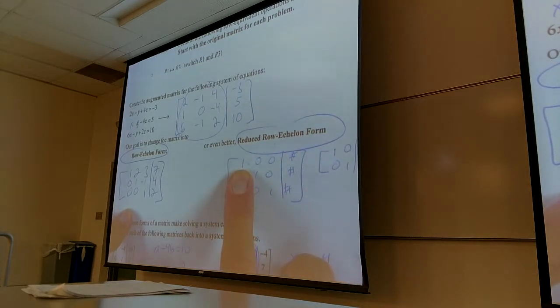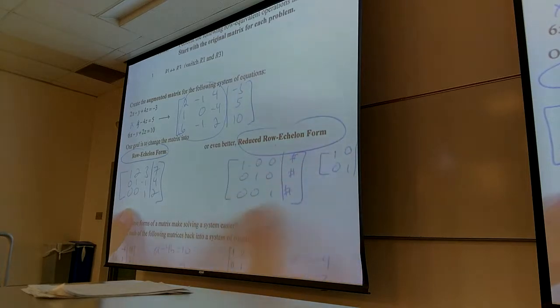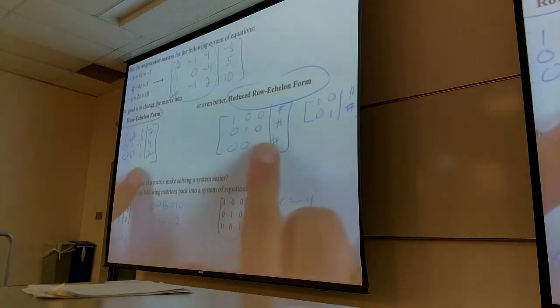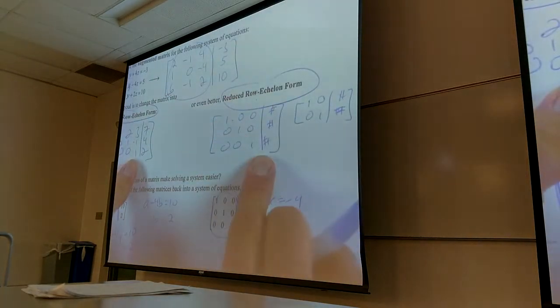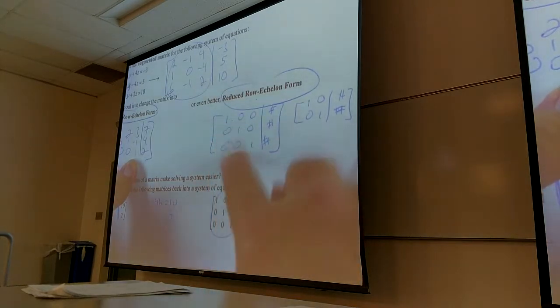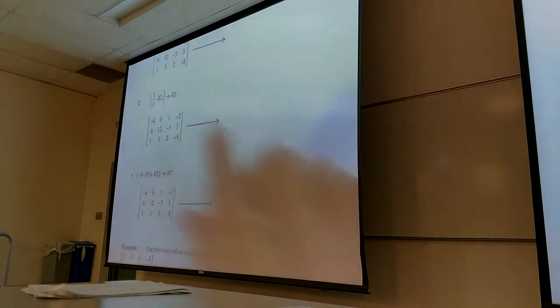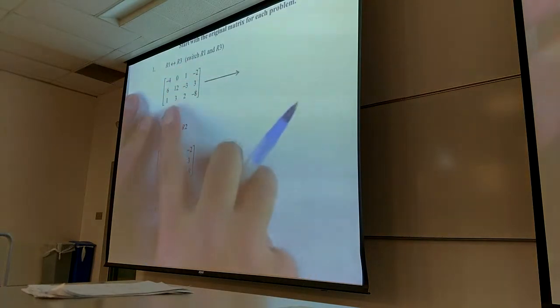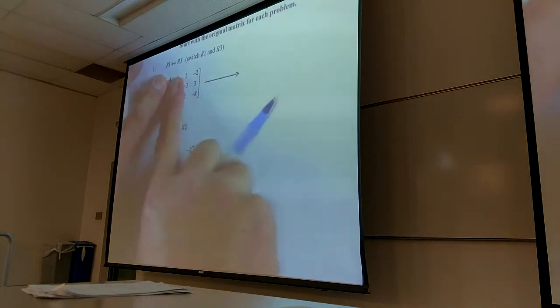A 1, right? I want a 1 right there, don't I? This is my goal. Why is this my goal? Because I can just read the answers off, right? So it makes sense. I want to be able to get here. So why are they asking me to switch row 1 and row 3? Because that would make a 1 go where it's supposed to be.